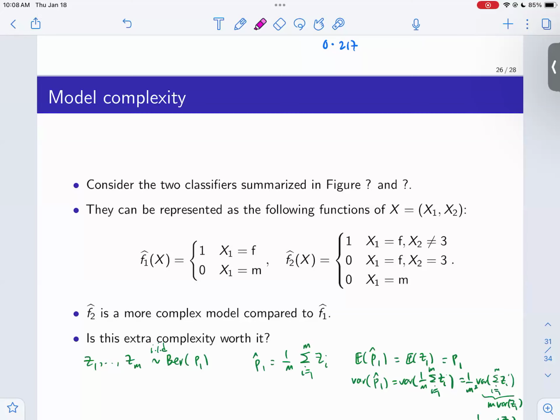There are other ways, but we're not going to go into that. This just gives you an idea that you don't always want to go with a more complex model. Okay, sounds good.